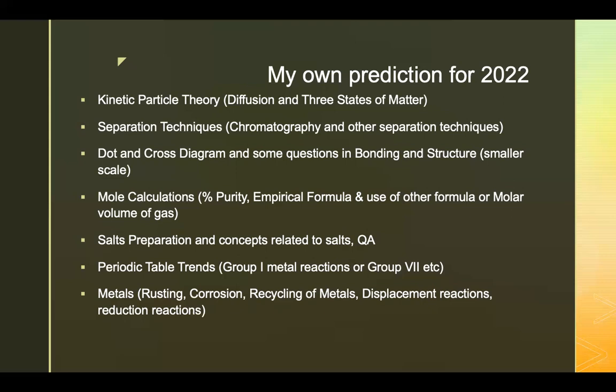But certain outcomes, like for example, percentage composition or empirical formula, you could have different ways. You could have different examples. So this type of learning outcome can be replicated, can be repeated, tested again. But certain outcomes, which are quite limited in the way they are tested, it's very hard for them to repeat.